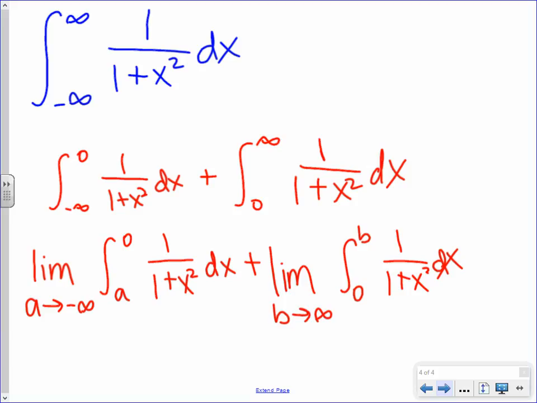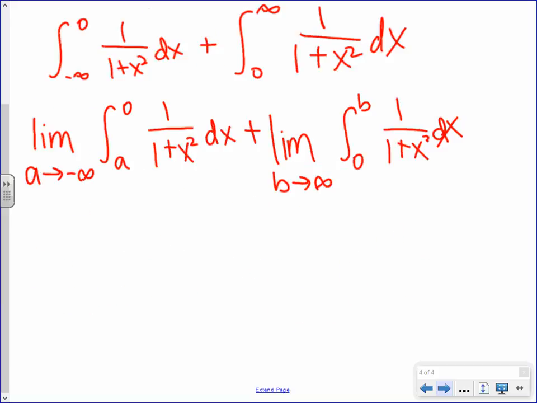We have two limits, but luckily we're on the same antiderivative. So we broke it up into two integrals. We replaced our infinities with letters and written them as limits. What's the antiderivative of 1 over 1 plus x squared?